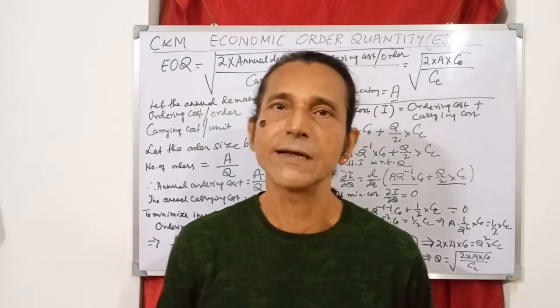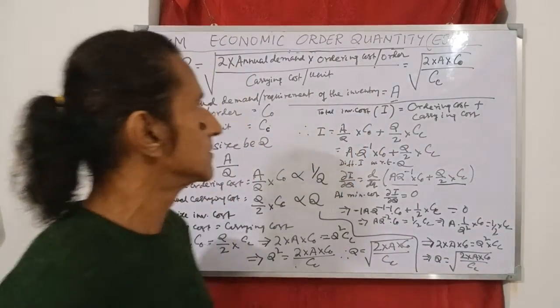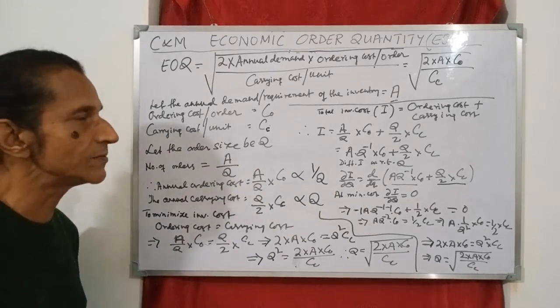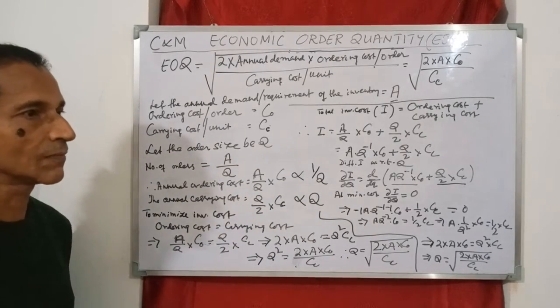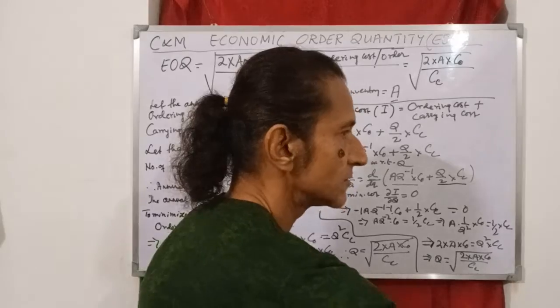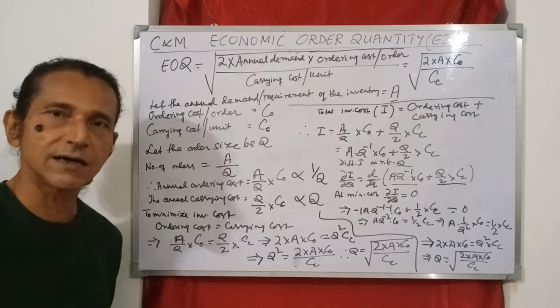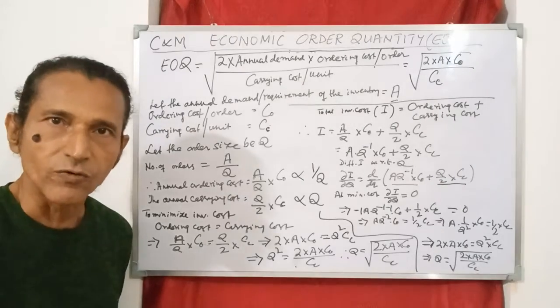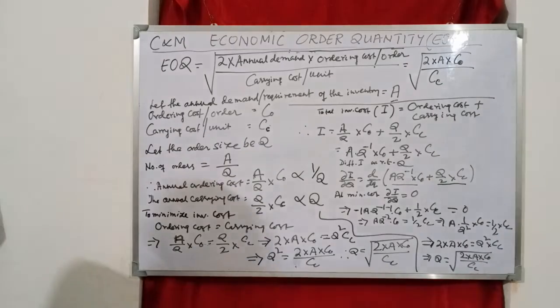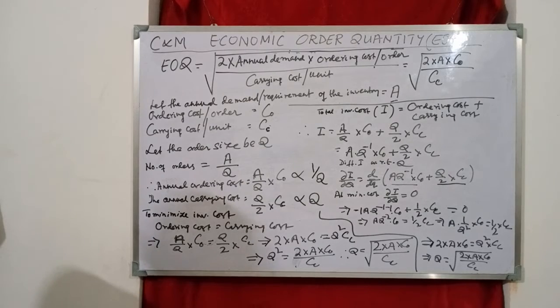Right? Now what are the assumptions? So I have to erase this part, that is the derivation part, so that I can proceed to assumptions, and after that I shall solve one numerical problem. So let me erase this part, this derivation part. Okay?